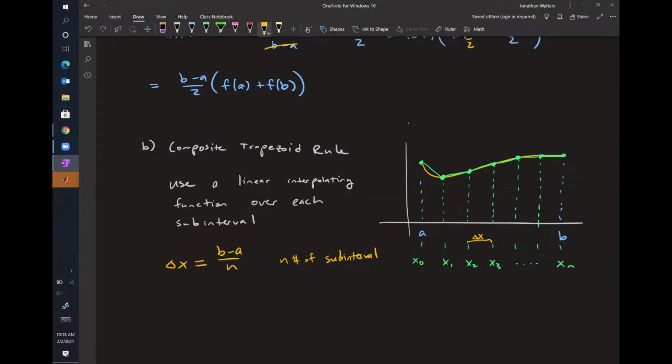Because each time you create a subinterval, you're going to interpolate the two endpoints of your function at xi and xi plus 1. You create a straight line, that creates a trapezoid over that subinterval. You'll find the area of that trapezoid, and add them all together. So that's delta x. xi is equal to x0 plus i delta x.